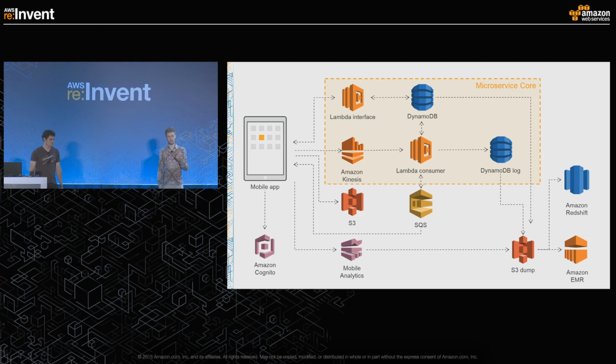And data processing using Lambda Kinesis consumers and internal Lambda functions which are triggered from the endpoints. Also, each microservice has a DynamoDB log for event sourcing purposes, and additional services are used on demand based on the needs of the specific microservice.